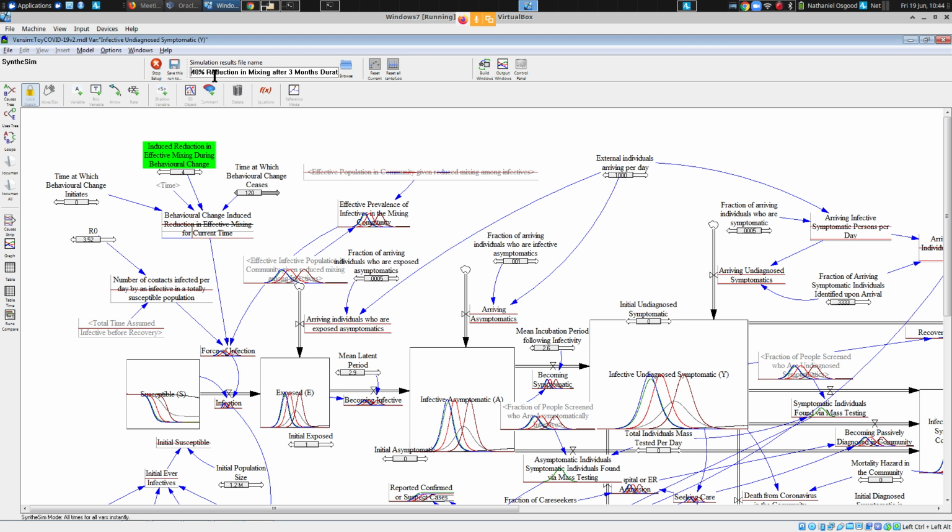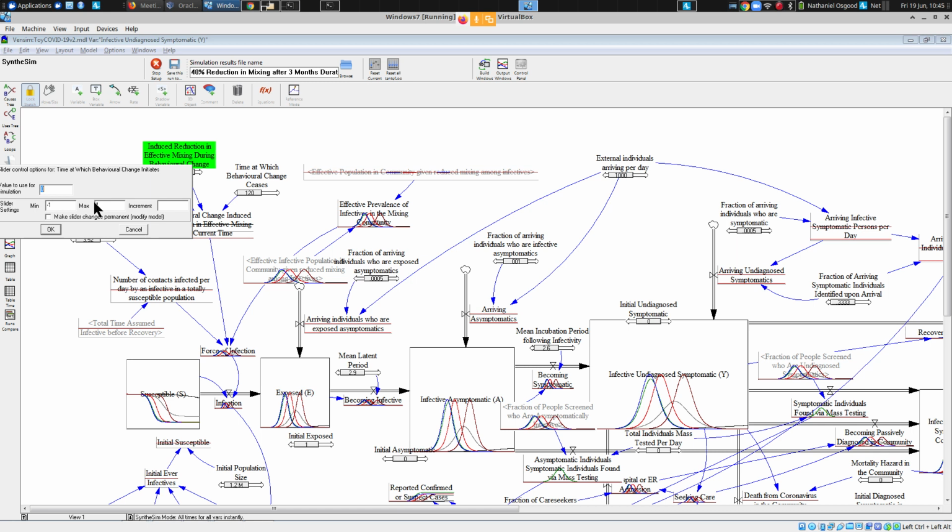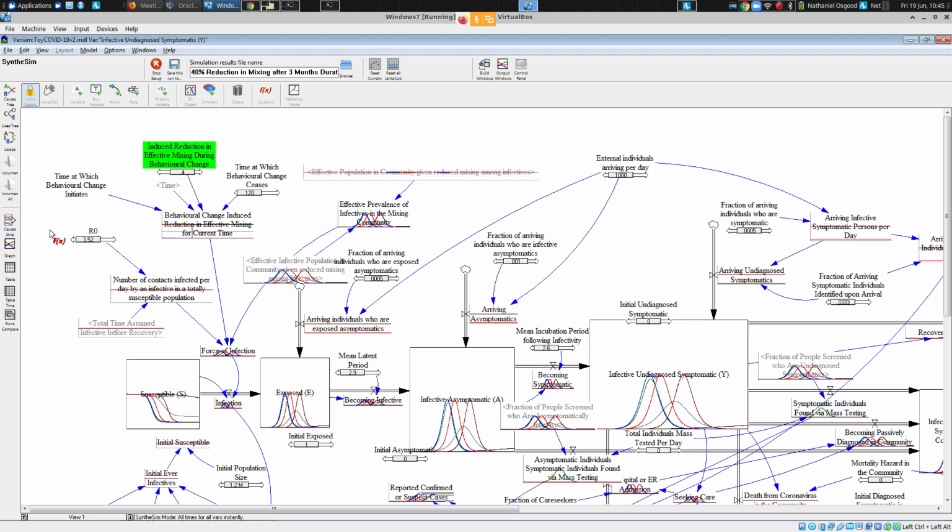So we're going to put in place this reduction in mixing starting not at time 0, but after 3 months. That's 3 times 30, or about 90. So I'm going to say 90 here. We're going to start this at time 90. Before that, it's business as usual. No intervention. Time 90, wham!